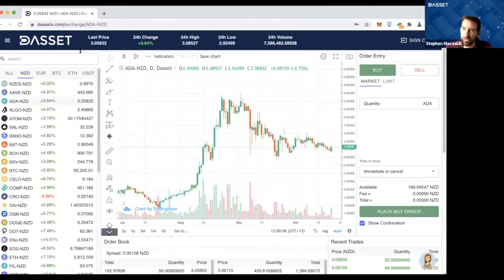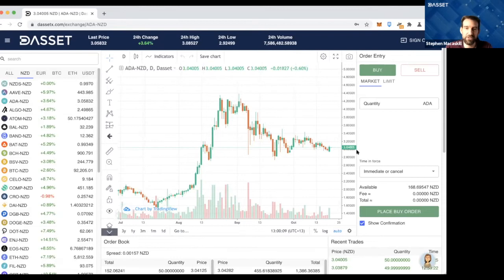It is something that we are considering, but at the moment, you can only buy a specific quantity. You can choose what the base currency is, or the quantity of the base currency you want to buy. For this market, Cardano, NZD, the quote currency is New Zealand dollars.